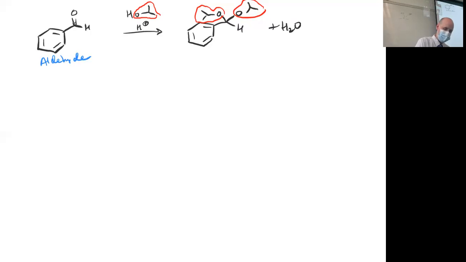The water would come from removing this oxygen right here. Put that really high at the top of the sheet. Hopefully you guys can see that, but it would just give you 2 O isopropyls there, one there and one there. And we would kick out water. Where'd the water come from?